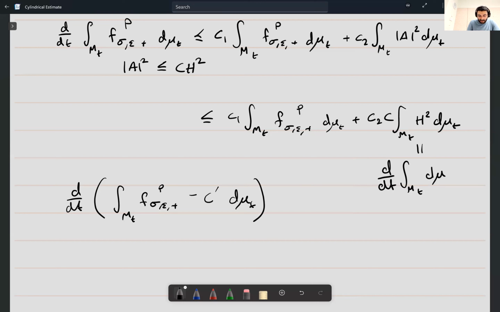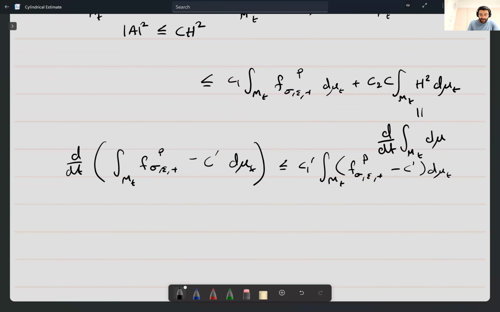This thing is less than or equal to C1 dash times the integral over Mt of f sigma epsilon plus to the P, and now I'm just adding on the same thing, C dash. So this is just the derivative of a function being less than or equal to a constant times the same function.